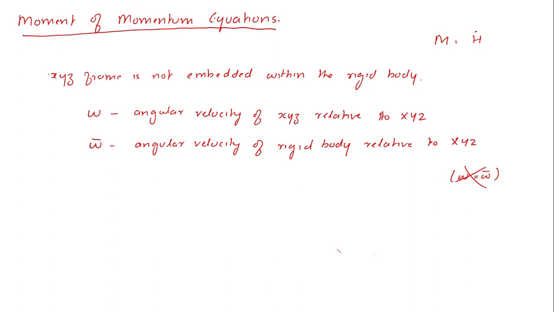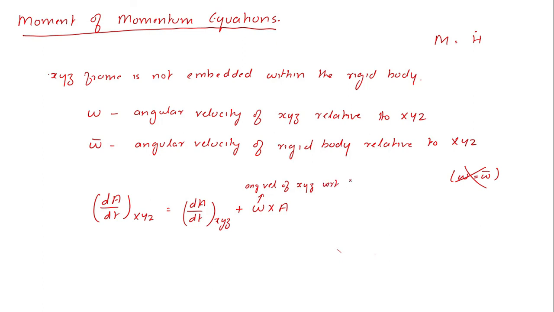Now we had studied regarding the derivative of a vector as seen from different reference frames. You have studied that for a vector A, the derivative dA by dt with respect to capital XYZ is equal to dA by dt with respect to small xyz plus omega cross A, where omega is actually the angular velocity of the secondary reference frame with respect to capital XYZ.